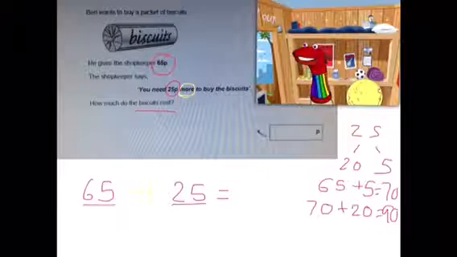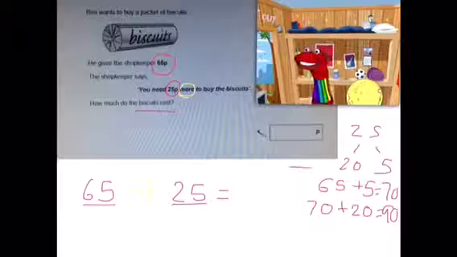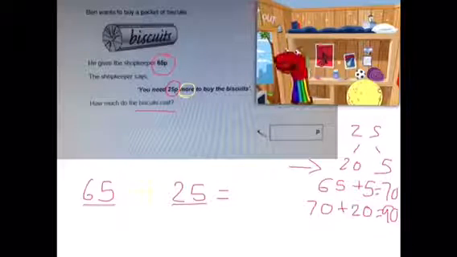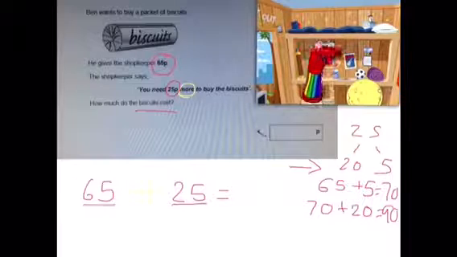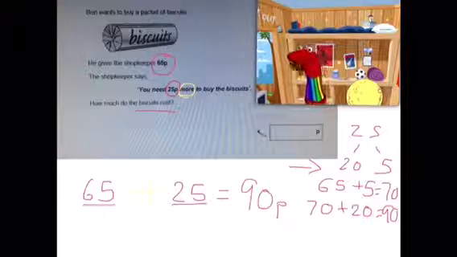So you can see I have used partitioning to solve this particular problem because it required us to add two numbers together, and our answer is 90p. That is how much the biscuits cost altogether.